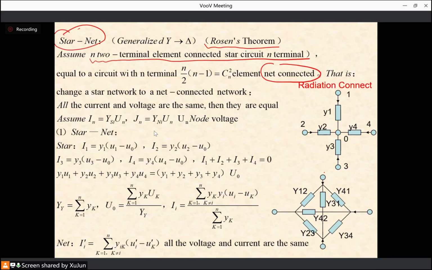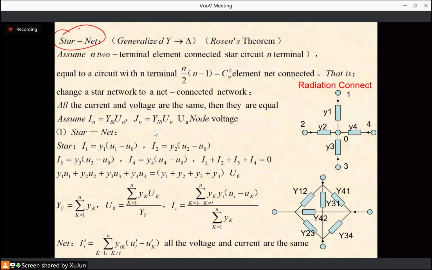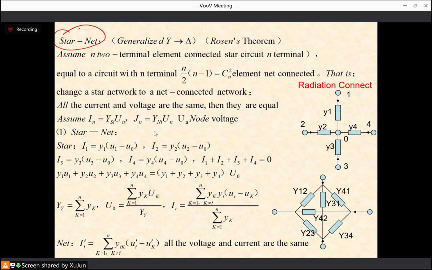So this is a four-node net connection, and there will be six components. This one is four components. If we try to make them equivalent, it means the current and voltage relations are equal. We study the net connection first.